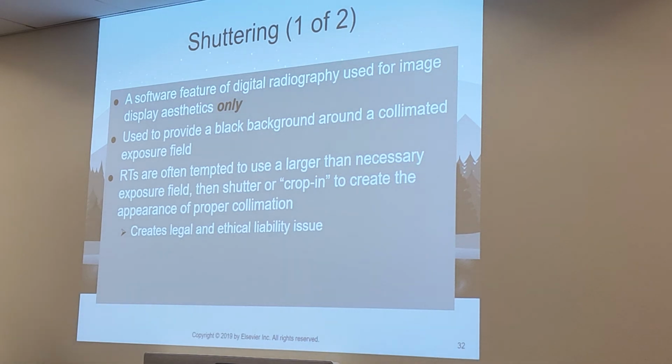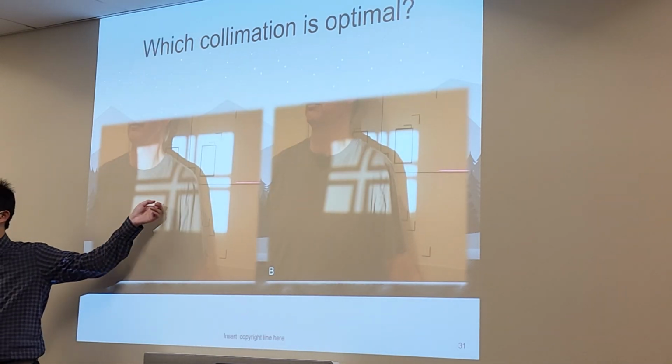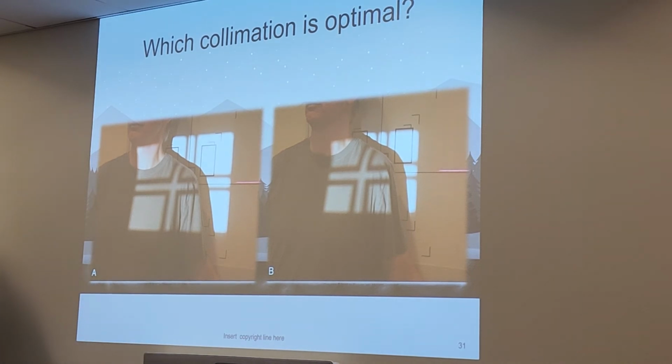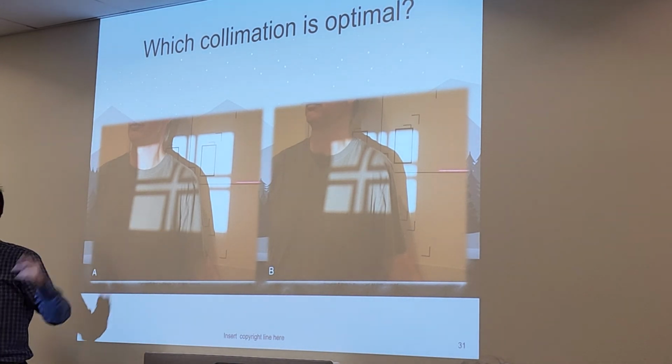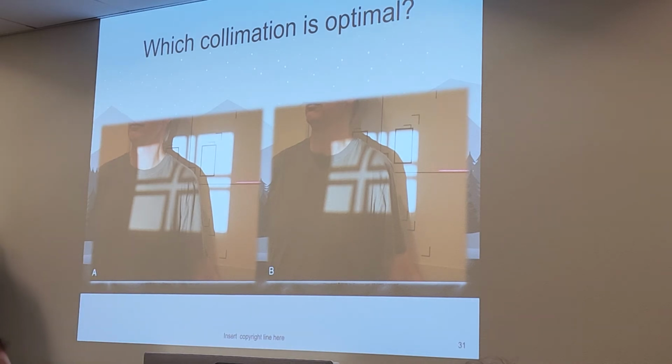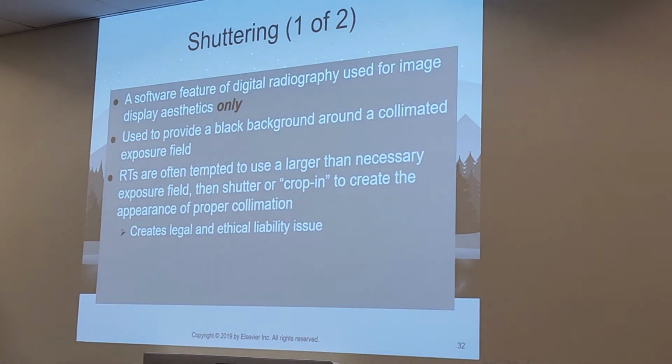So let's say you were the tech who did this, and you think, oh no, I have too much stuff on here, I don't want anyone to find out about this, let me Photoshop my image so it looks more like that one. I call it Photoshopping, but it's actually a function built into the software called shuttering. You can digitally collimate your image so it only shows the information that is necessary.